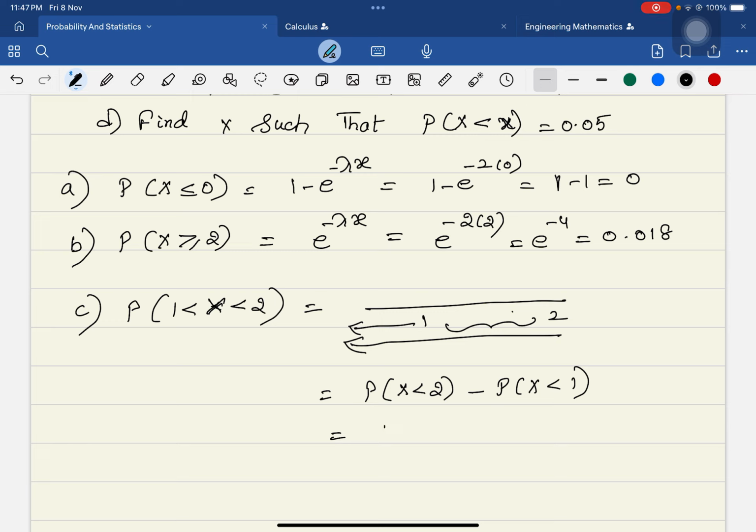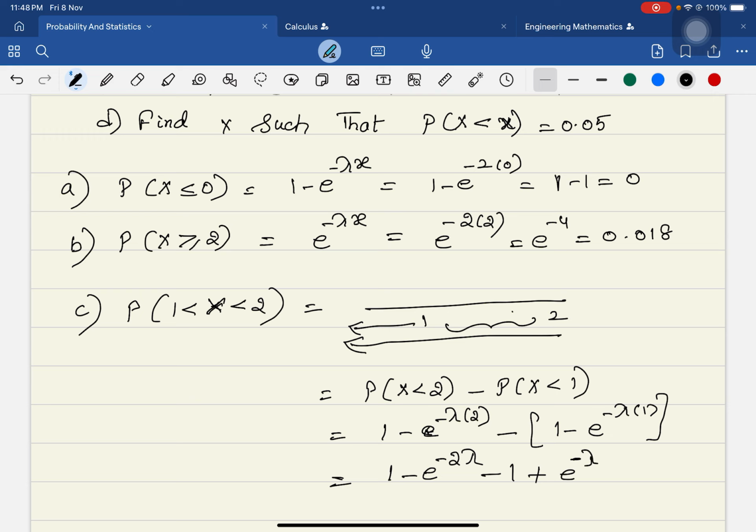So less than 2 means 1 minus e raised to minus lambda x. Let us write down very clearly. It is 1 minus e raised to minus lambda times 2, minus 1 minus e raised to minus lambda times 1. Here, 1 minus e power minus 2 lambda minus 1 plus e power minus lambda.